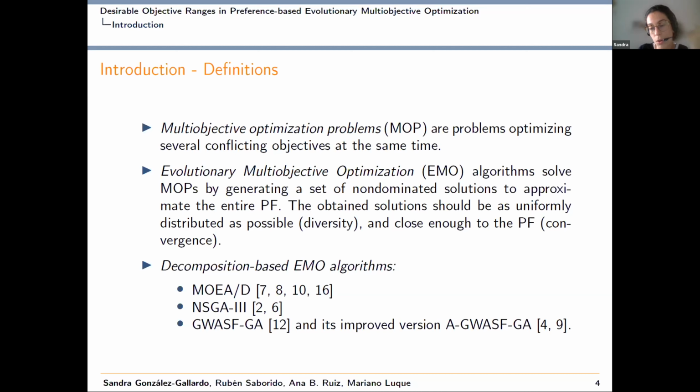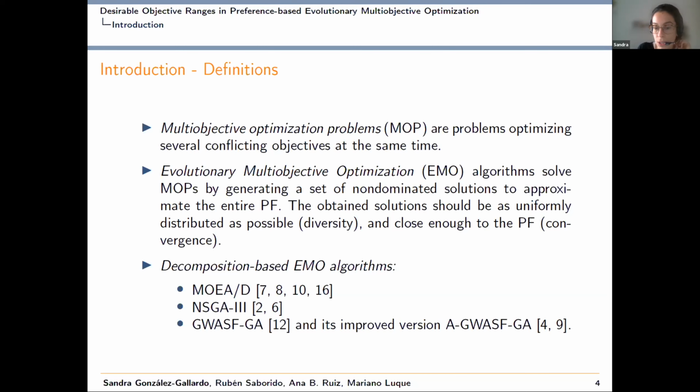These algorithms solve this problem by generating a set of non-dominated solutions to approximate the Pareto optimal front. This approximation should be as uniformly distributed as possible in the Pareto optimal front and close enough to it. In particular, the decomposition-based EMO algorithms transform the original multi-objective optimization problem into a set of single objective subproblems.